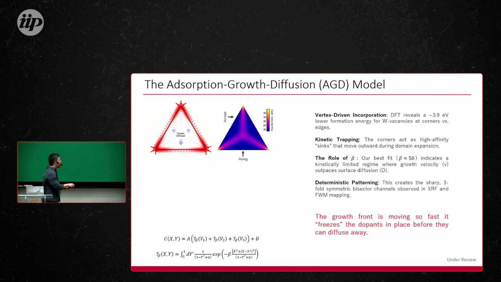So basically, beta is proportional to the velocity of the growth, and inversely proportional to the diffusion. So the physical meaning is that your sample, the growth front, is moving so fast that the vanadium atoms that are initially trapped in those lines are kind of frozen there. So it's kind of trapped. The growth is so fast, much faster than the vanadium starts to spread out through the sample itself.